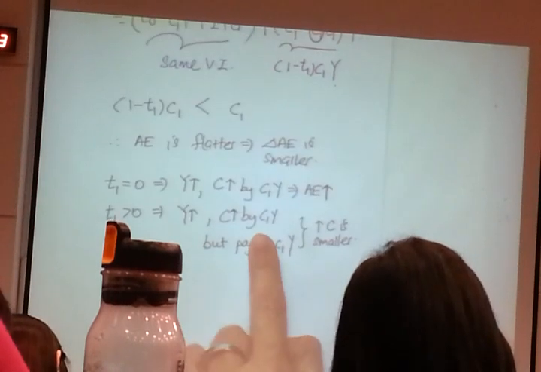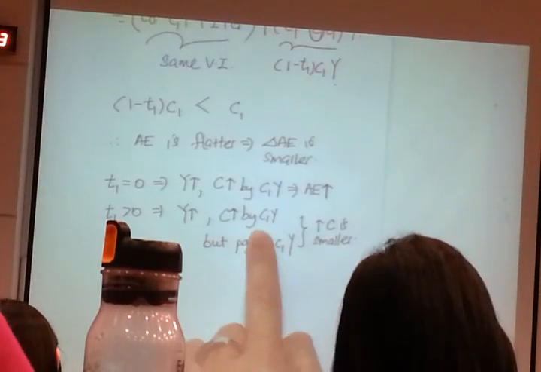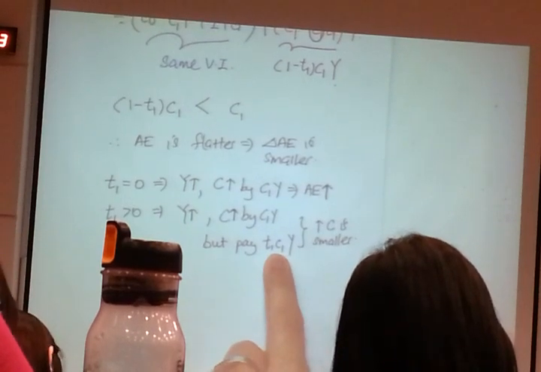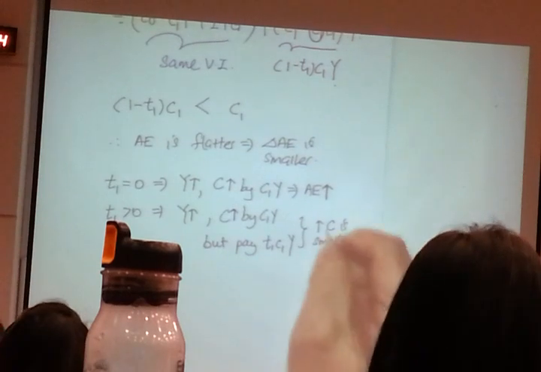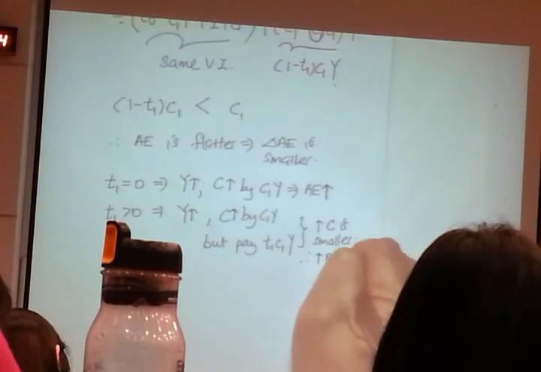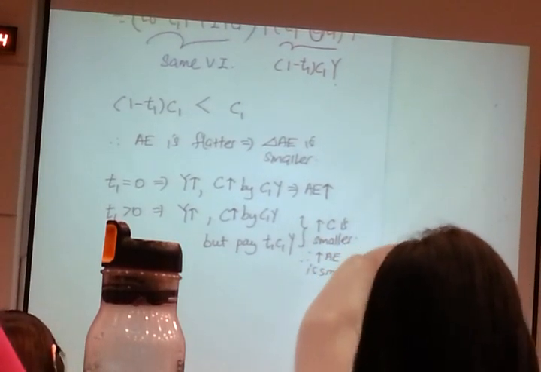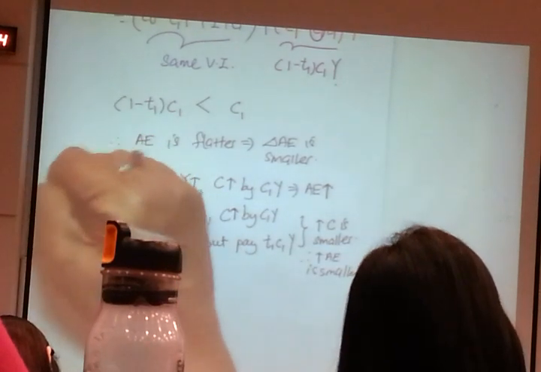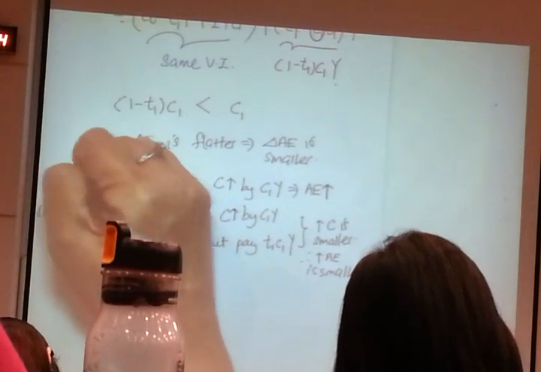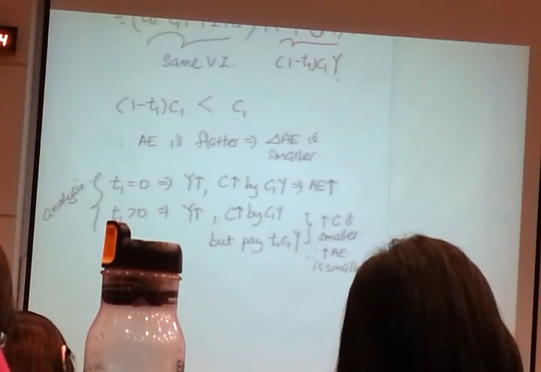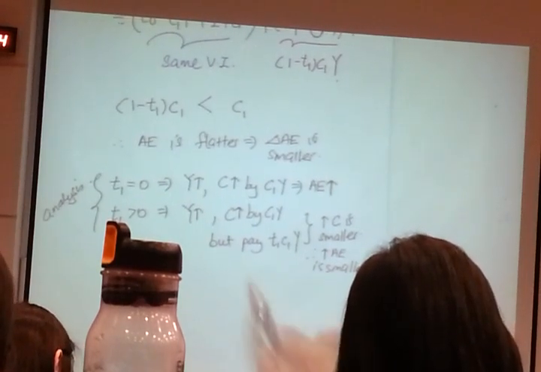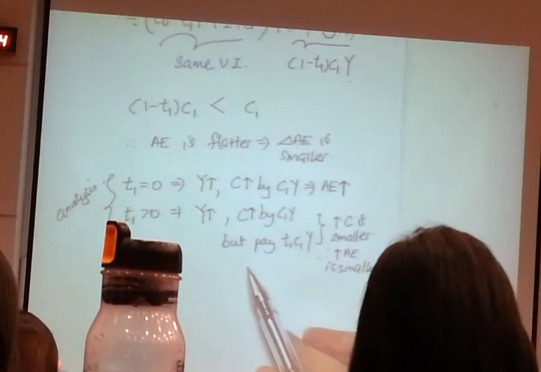You still want to spend so much, but you also must pay this amount of income tax. So the net effect is the increase in C is smaller, the increase in AE is smaller. Can you see? Again, this is analysis. There is a behavior of household. He wants to spend, but he is now limited by the income tax.